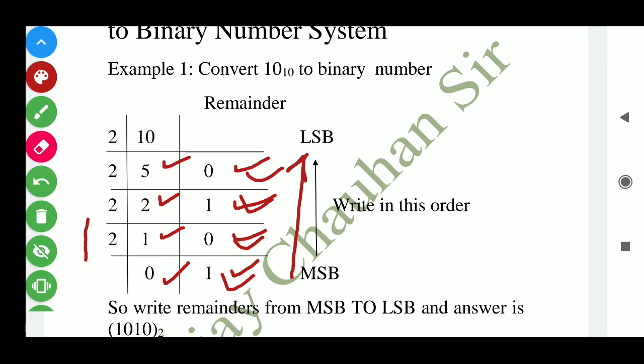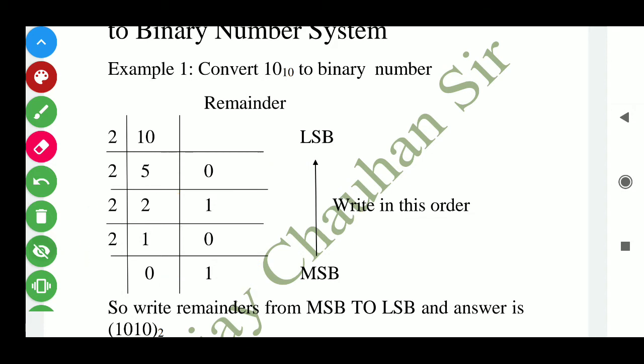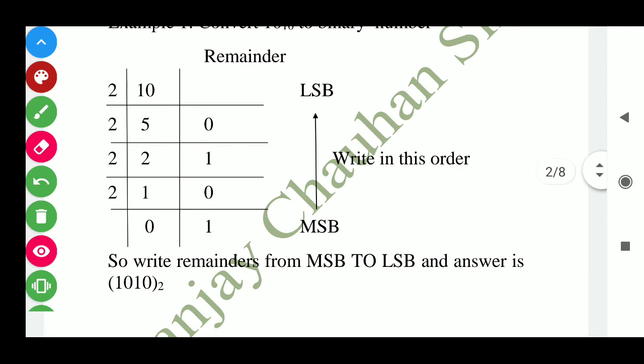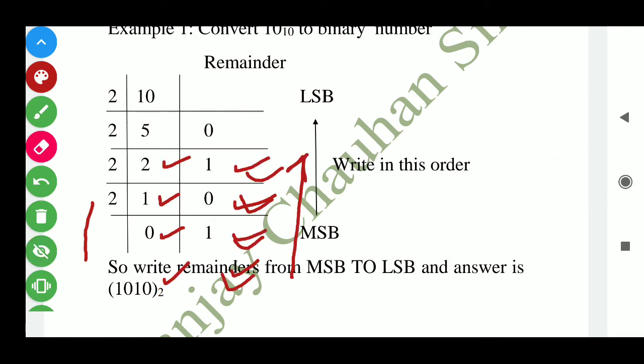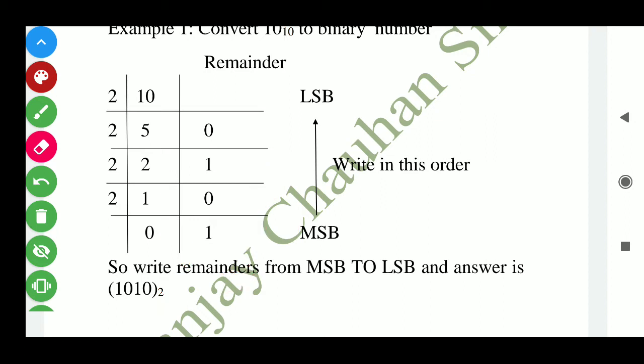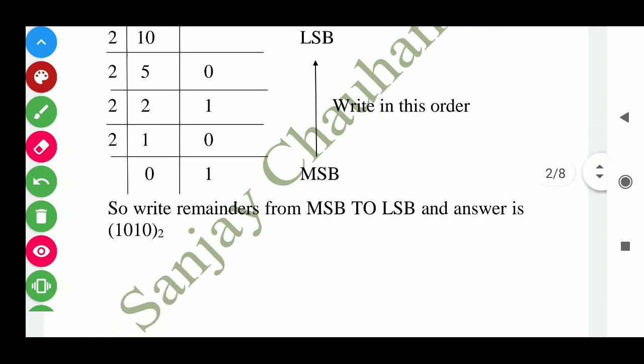You can see your answer. So you can say that 10 is equal to (1 0 1 0) with radix 2 written in brackets, to represent that this number is a binary number. Is this clear? Okay. We'll take one more example.